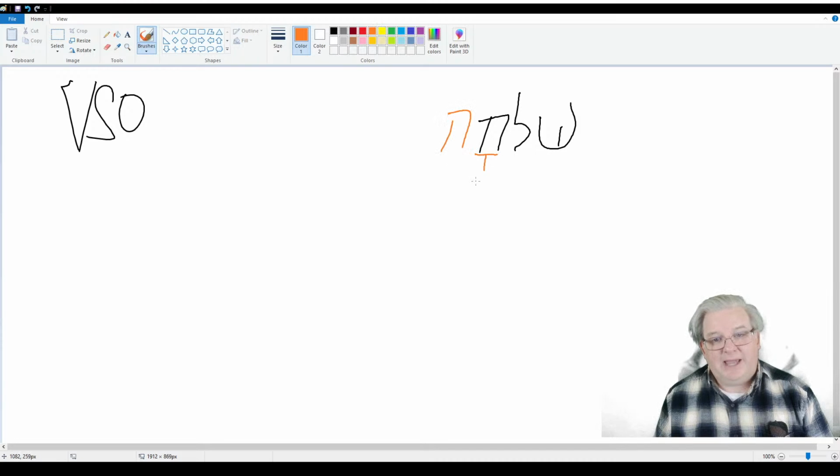This is a vocalic ending, which means that in the immediately preceding syllable you're going to get a vocal schwa, and before that, to let you know this is an extraordinary case, you're going to get a metheg. Shalacha, from ka to la, she sent.